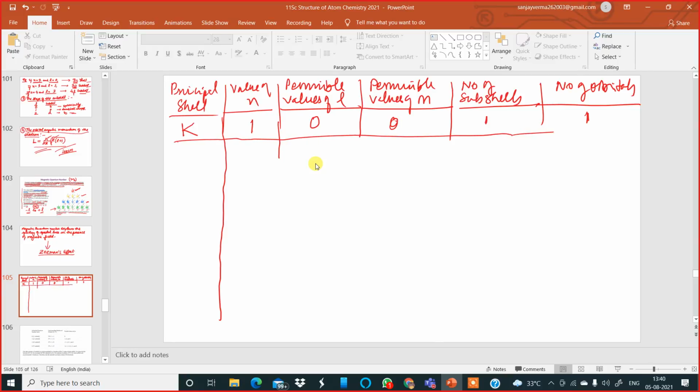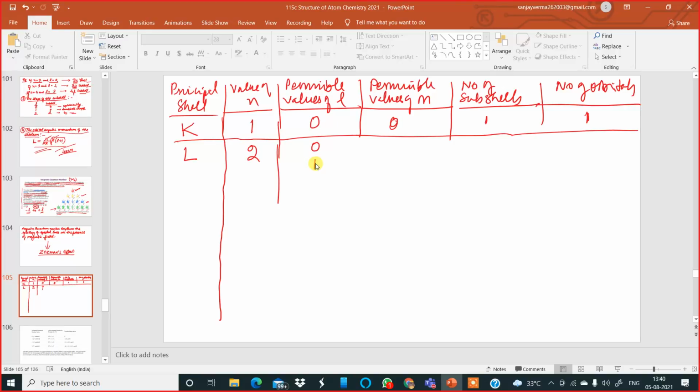Then coming down to the next principal shell, let's talk about L. For L, the value of n is 2. The permissible values of L are two of them, 0 and another one is 1.